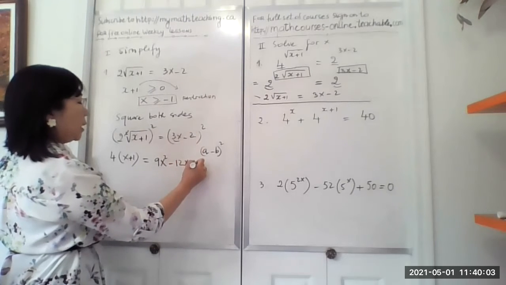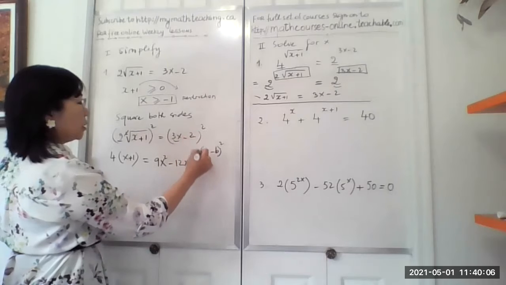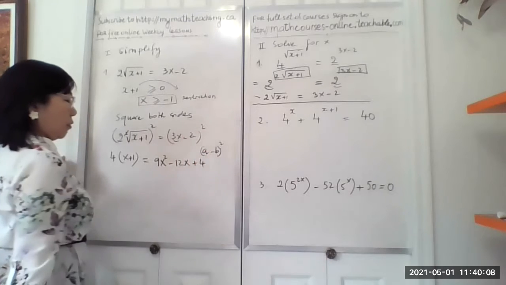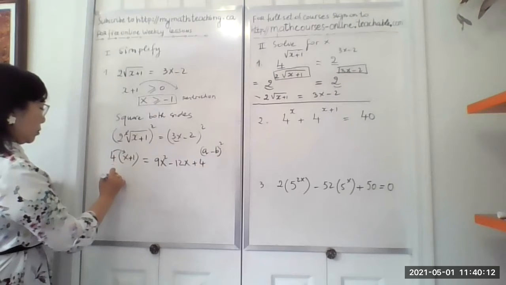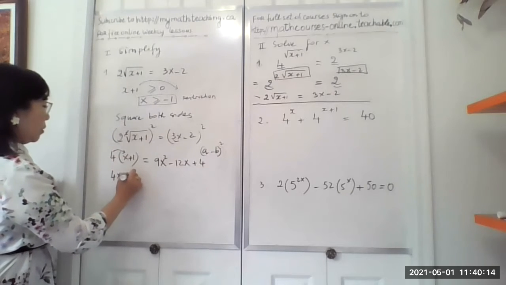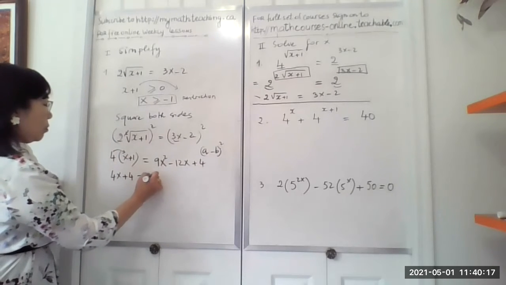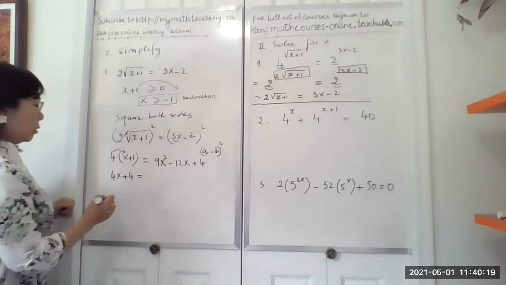And this number will become b square, which is 2 squared, which is 4. Now I'm going to distribute together. So I have 4x plus 4 equal the whole thing here.